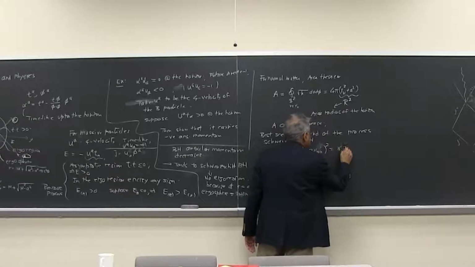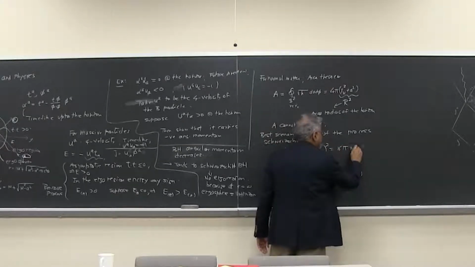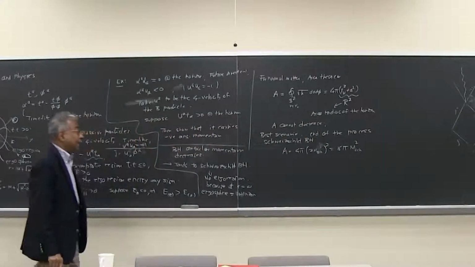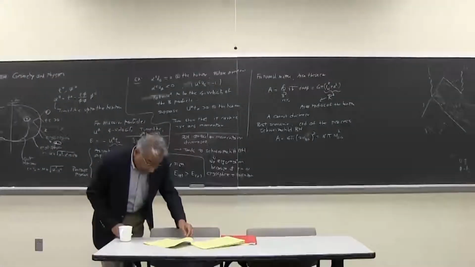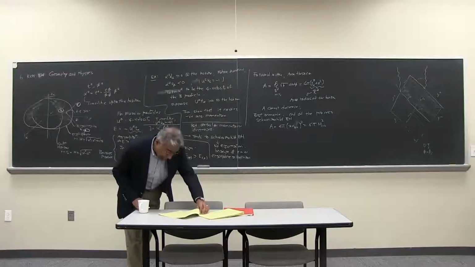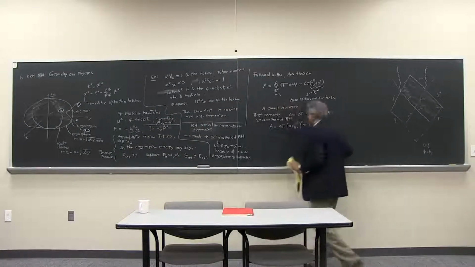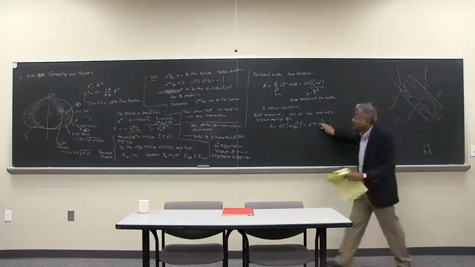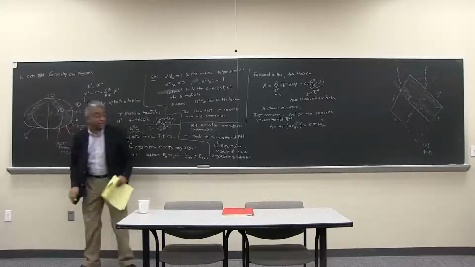So I'll get here 16 pi mass. So at the end of the day, that is what I'm going to obtain. However, this mass, as we'll see in a minute, of the final black hole is less than the mass of the initial curved black hole that we started out with.